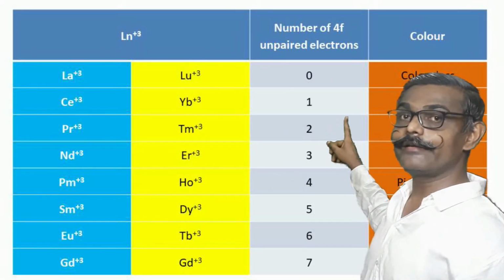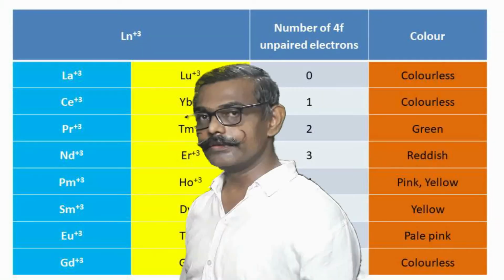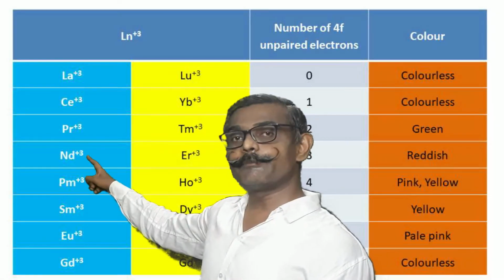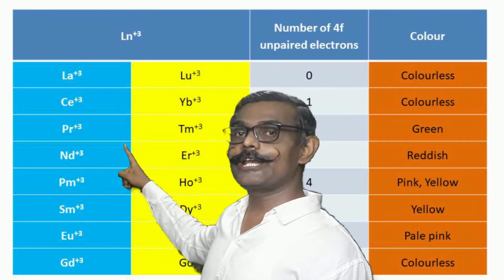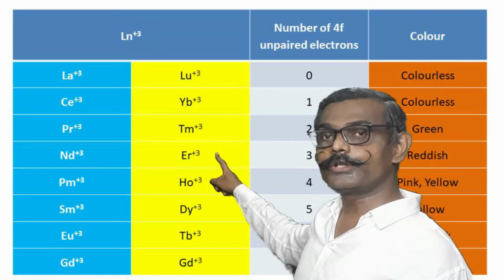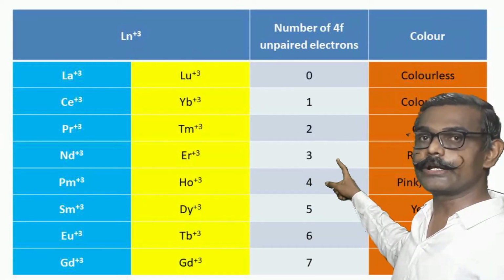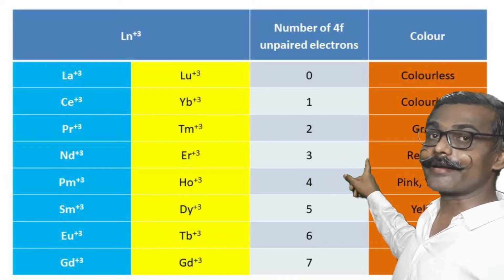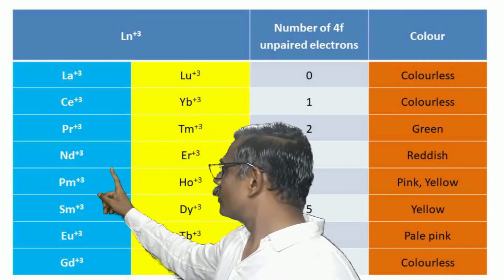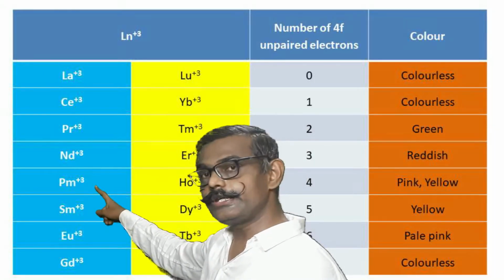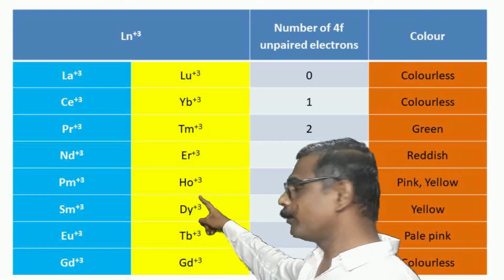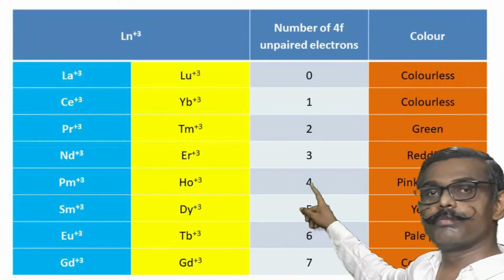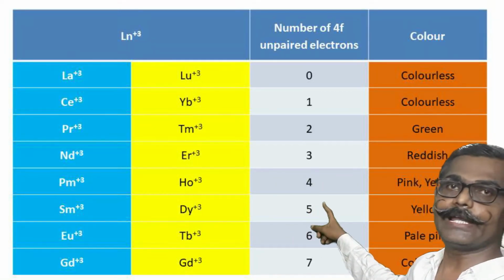What is the color? Green. Next, neodymium plus 3 and erbium plus 3 both have 3 unpaired electrons. And what is the color? Red.